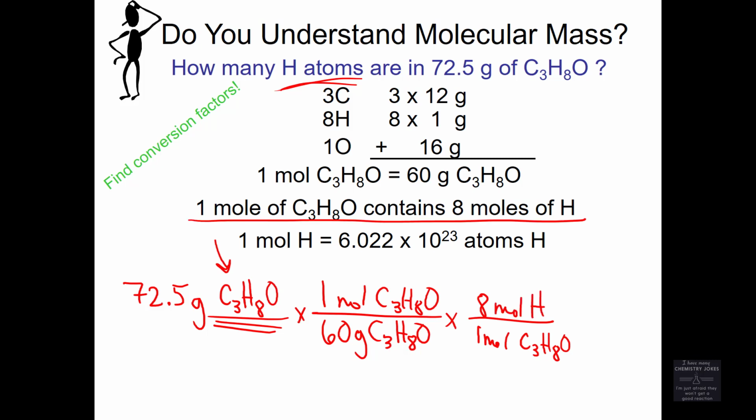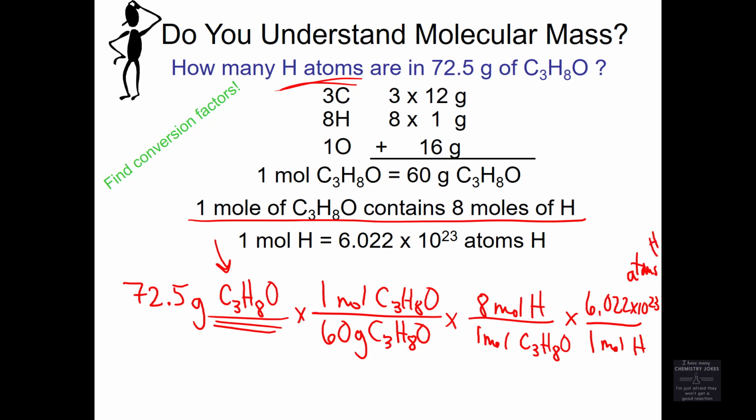Yeah, 1 mole of this is 8 moles of that. 1 molecule contains 8 atoms of hydrogen. 1 mole of C3H8O contains 8 moles of H atoms, 8 moles of hydrogen. And then finally our Avogadro number, 1 mole of hydrogen is 6.022 times 10 to the 23rd atoms of hydrogen.